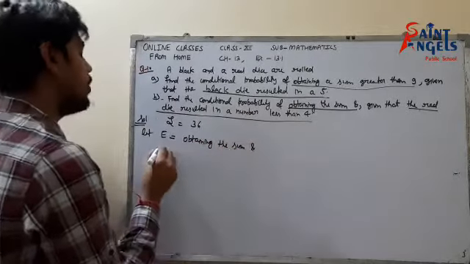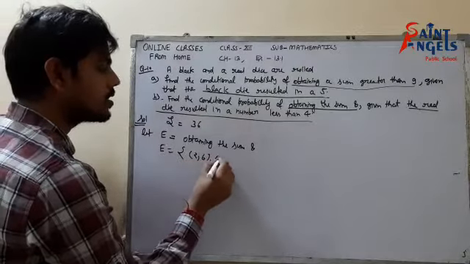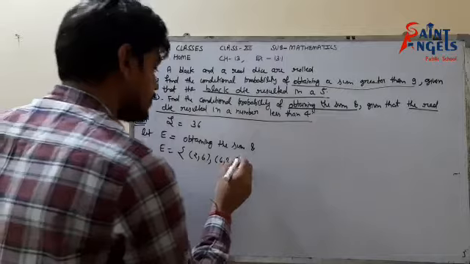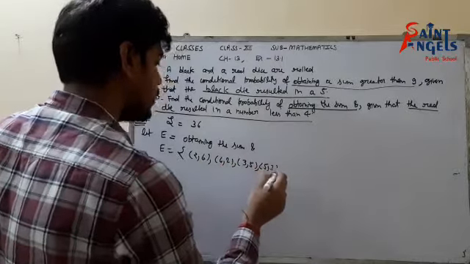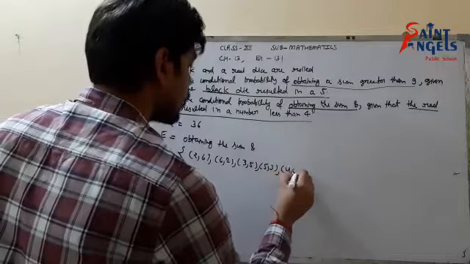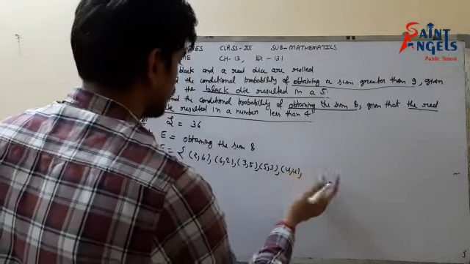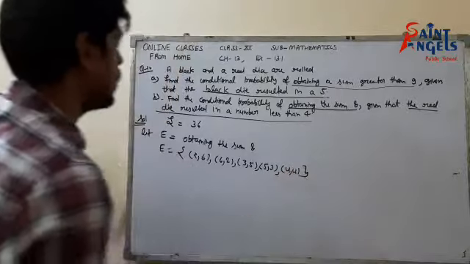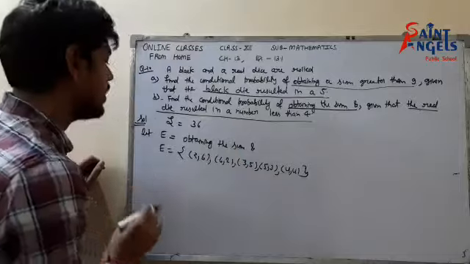Now what are the possibilities? 2, 6; 6, 2; 3, 5; 5, 3; and 4, 4. These are the only cases. So this is our event E.